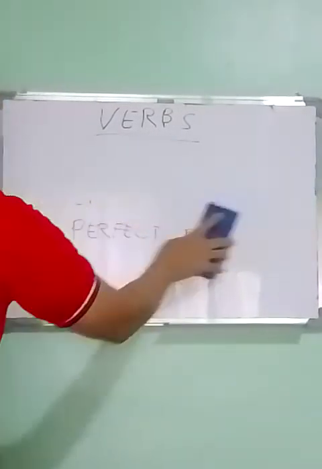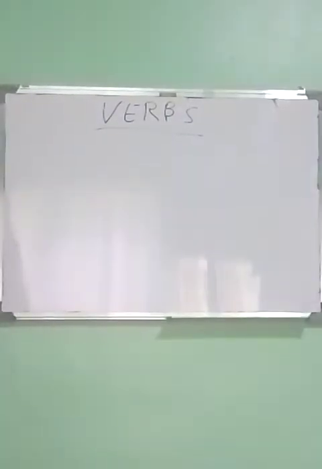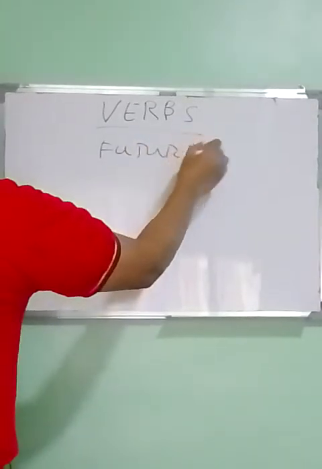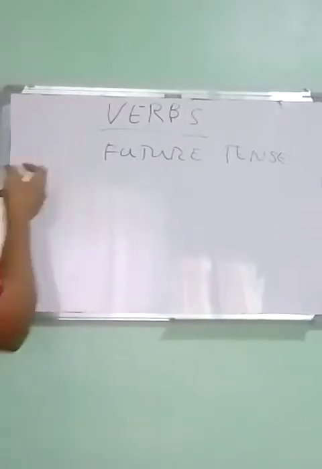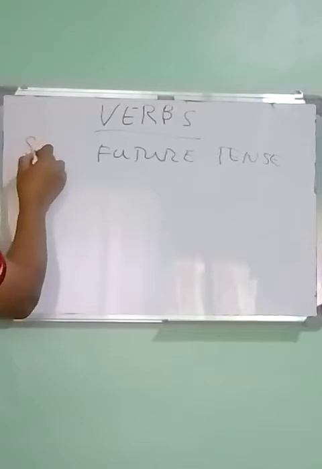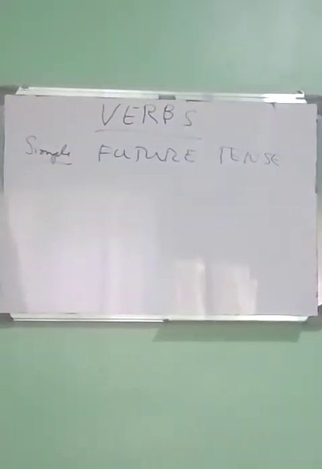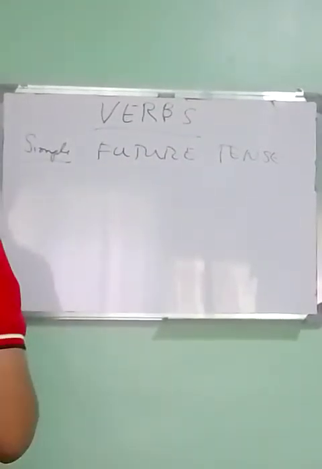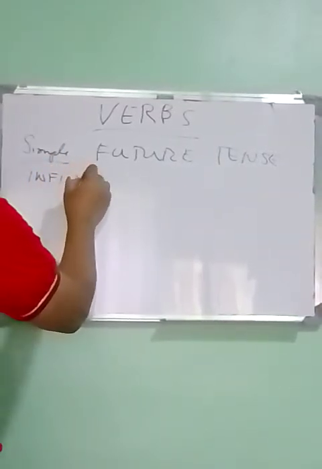Although I discussed this already before, I'd like to repeat how we form the so-called future tense. When we talk of the future tense here, for purposes of this class, we are talking of the simple future tense. Now, how do we form the simple future tense? Well, of course, give me a verb. When I say give me a verb, it has to be the infinitive form.